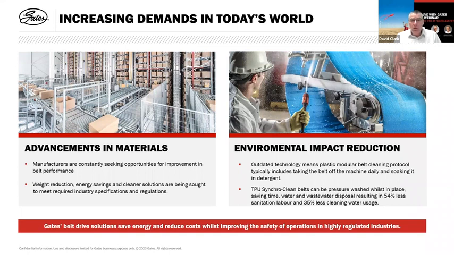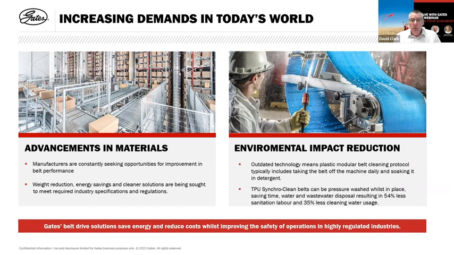We're looking to reduce the environmental impact of the belts which we provide, or even the systems which we provide. For example, modular plastic belting can often require that it's removed from a drive and cleaned with a detergent.